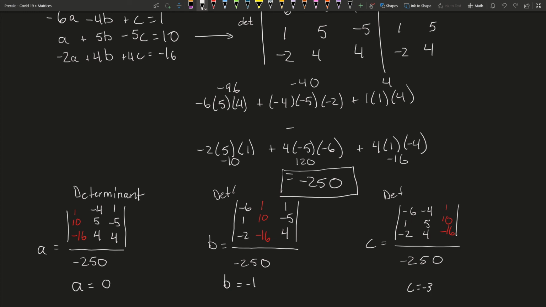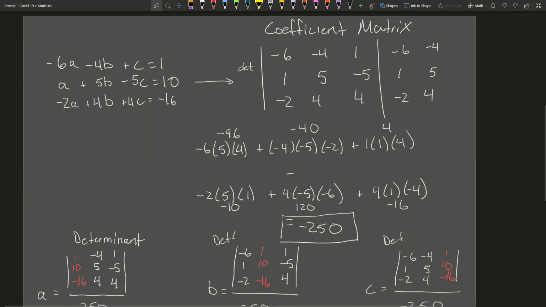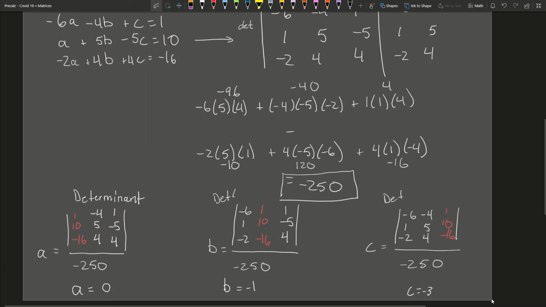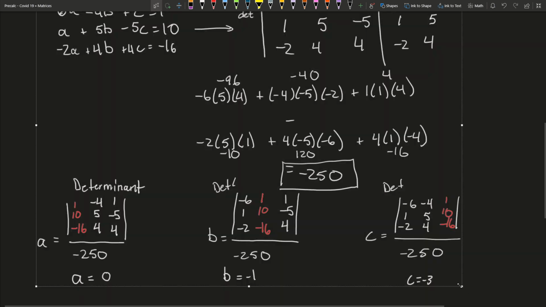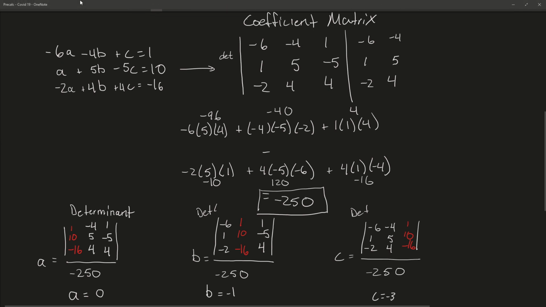Okay, so for your homework, you have to make this a little bit smaller. On your homework, I'm going to expect all of this work on the screen, all right? You have to get a coefficient matrix.